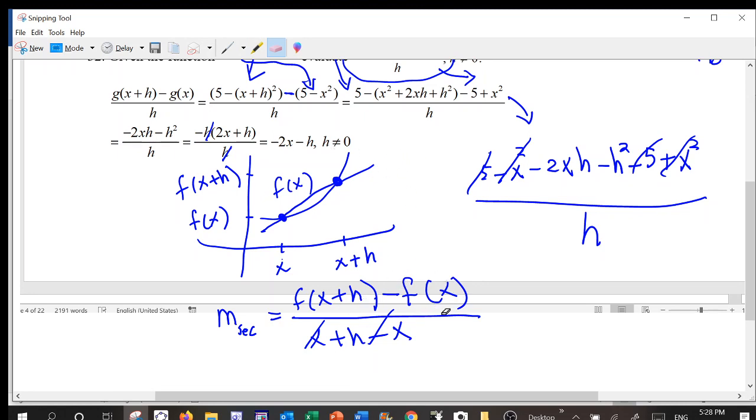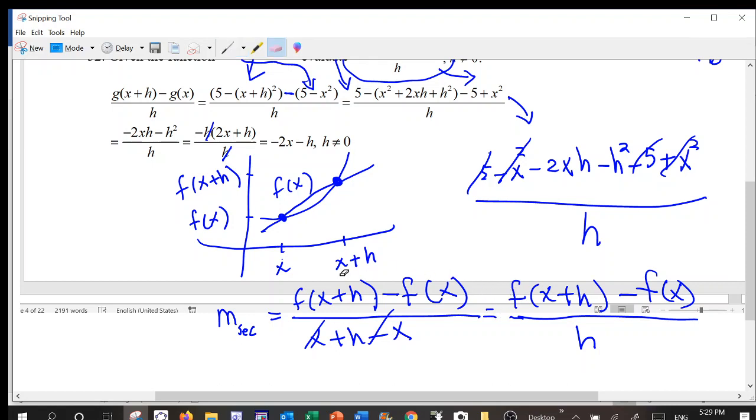So this expression, which is f of x plus h minus f of x over h, is a famous expression, called the difference quotient. Is it called the difference quotient? What do you think? Yes.